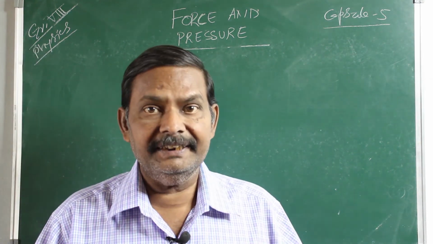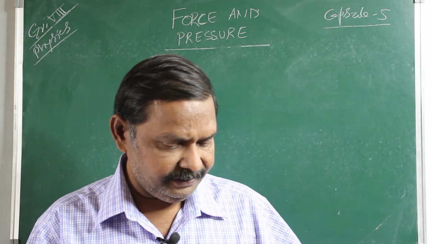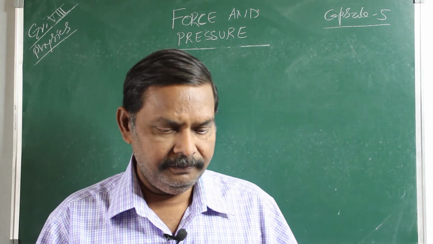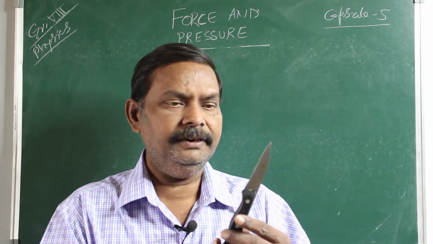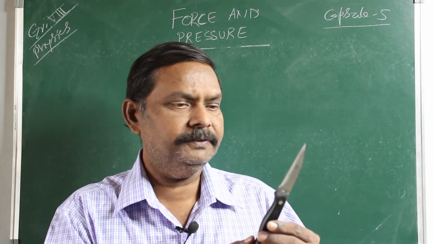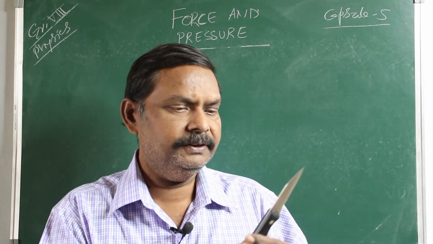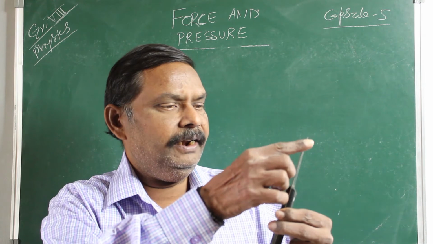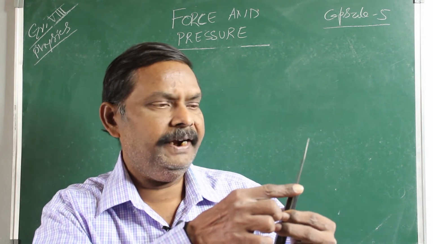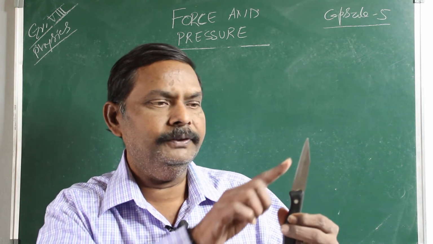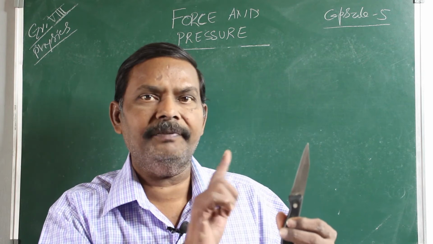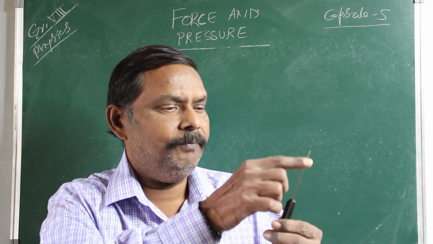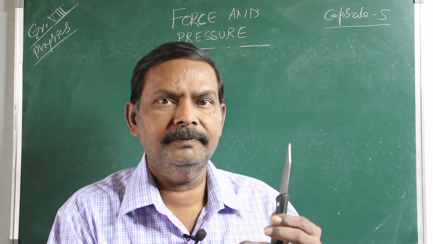So let us take another example, a simple knife we use domestically in the household to cut vegetables. If you observe this knife carefully, one edge is blunt. I cannot dare to do like this because this is a very sharp edge. So blunt edge and sharp edge.